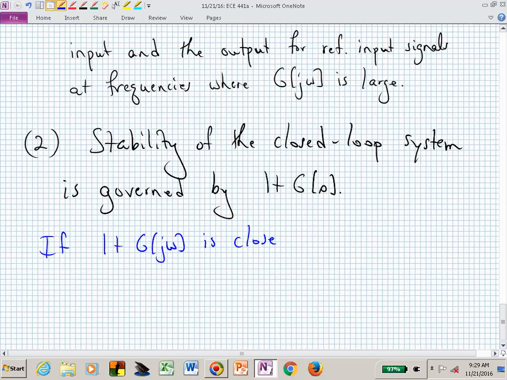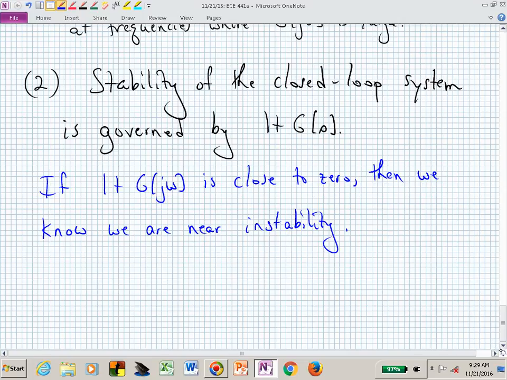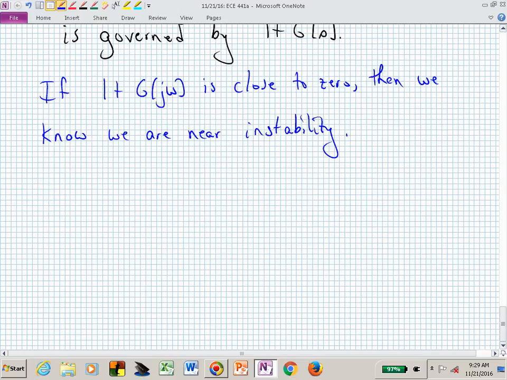So if 1 plus g of j omega is close to 0, then we know we are near the stability boundary, or we could be near instability.